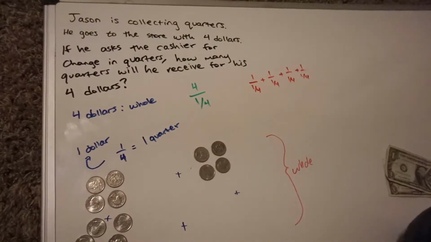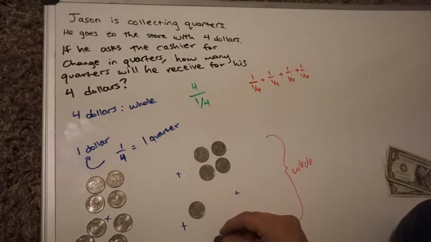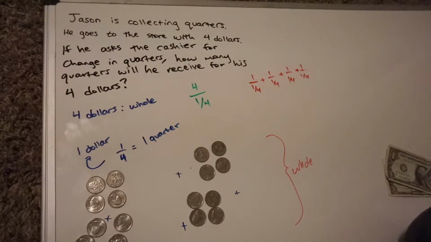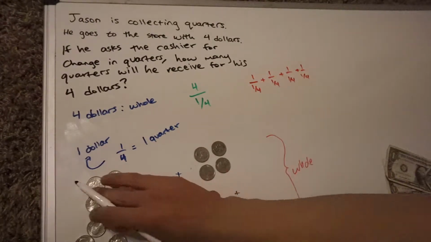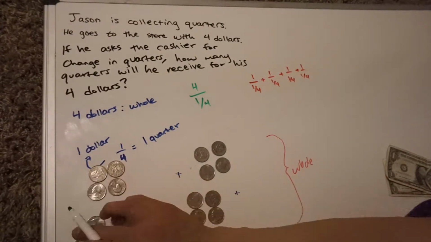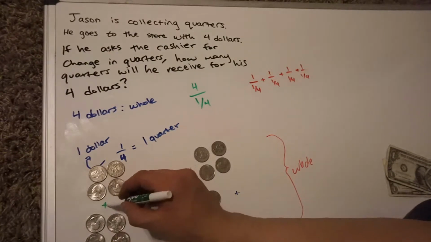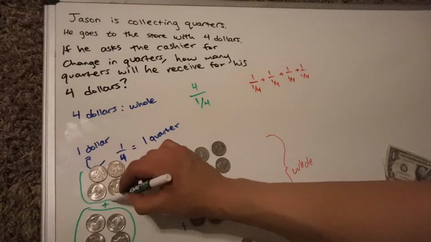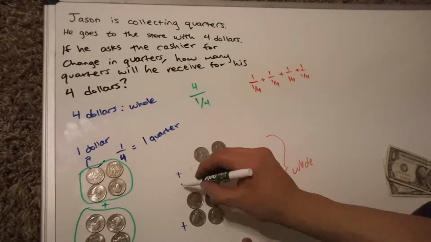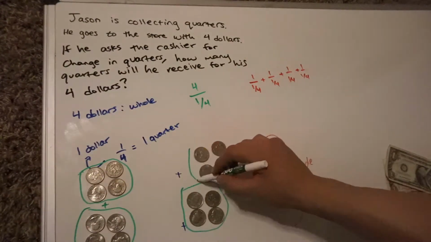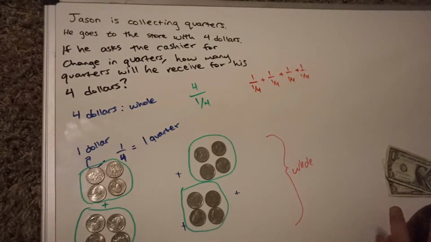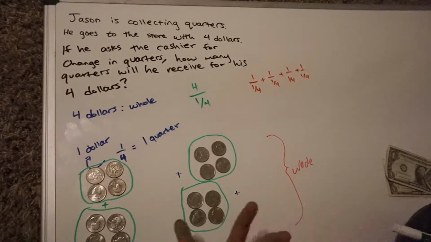Last one here: 1, 2, 3, 4. We'll circle these just so it's a little easier to look at. There you have it. All we've done is substitute our quarters for our dollars.